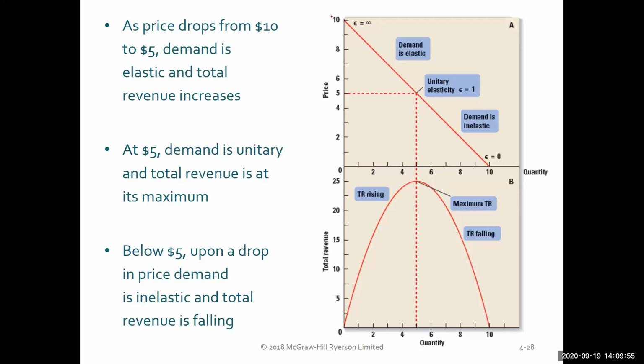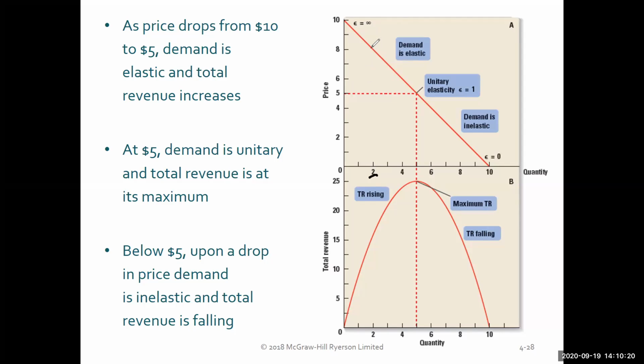I'll read the notes on the side of this slide afterward, but for now, let's take a look at calculating total revenue along this demand curve as we change price. On the top is the demand curve, and the bottom is the total revenue. Let's go to a quantity of 2.